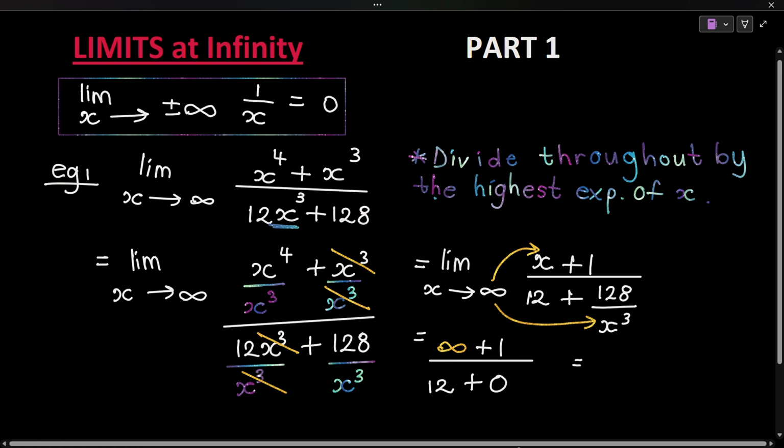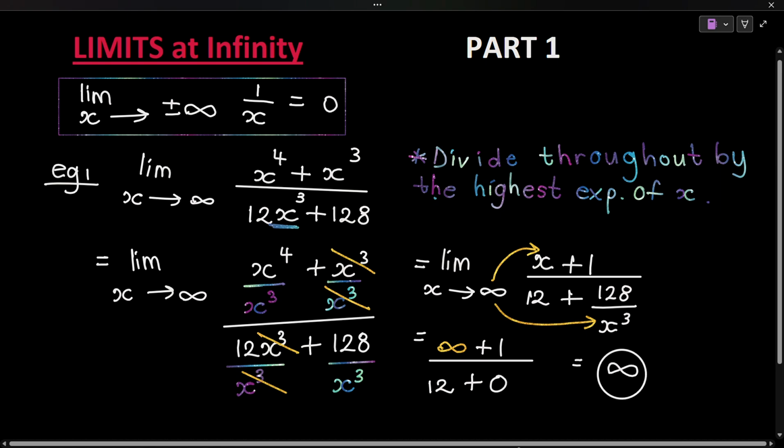Now, you need to understand that adding 1 onto infinity still remains as infinity. The same thing applies when we take infinity and we multiply it by a certain value or we divide it by a certain value. Infinity will not change. So we have infinity plus 1, which is still infinity, and infinity divided by 12 is still infinity. So the final answer for this question is infinity.